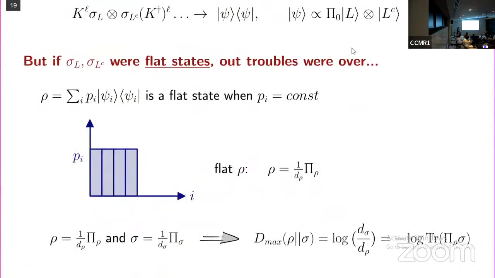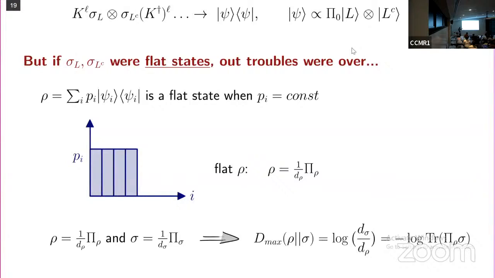The idea we have in order to overcome that is that what we wanted to do is to work with flat states. Flat states are mixed states in which the weight of all of their eigenstates is equal.